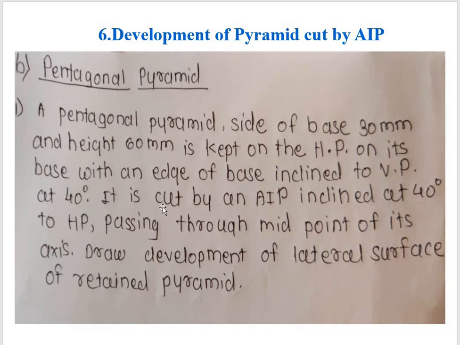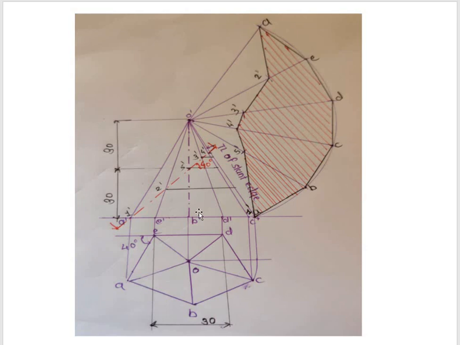Means they have given a pentagon having the side of 30 mm, and one of the sides is inclined to VP at 40 degree, and it is cut by the AIP inclined at 40 degree to HP and passing through the midpoint. So let's see how to solve the numerical.